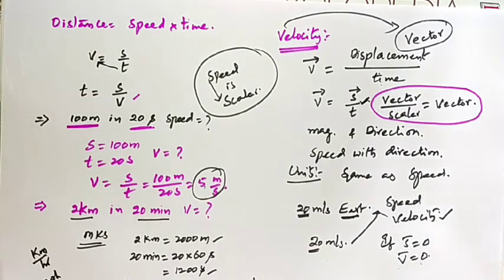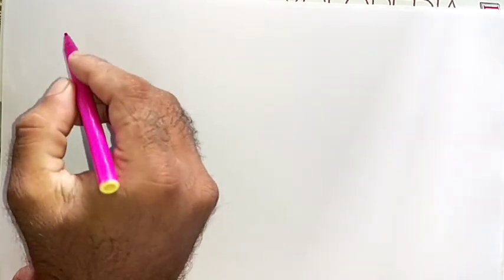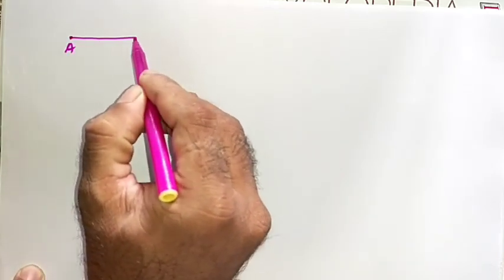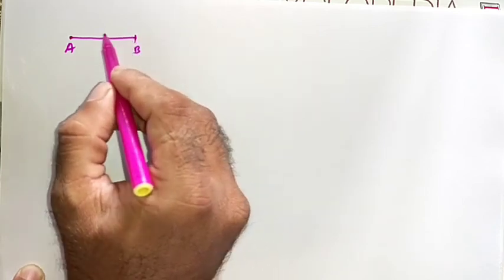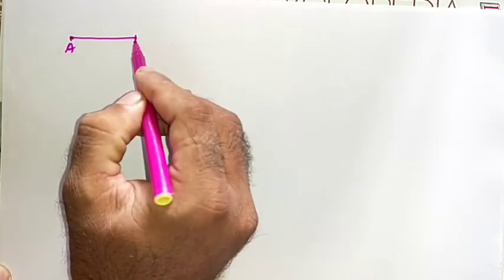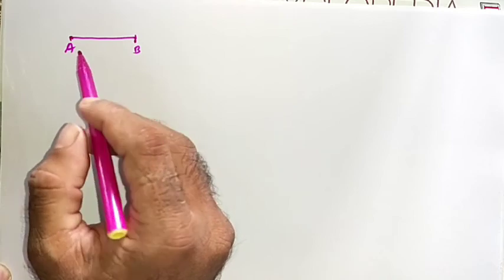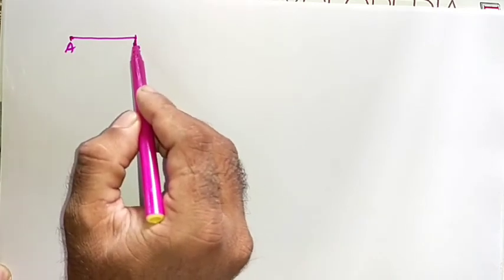Understood? So let us see some numericals based on this. Listen carefully. For example, a body is moving from point A to B, and again it moves from B to A, in the same path. It is like you moving from your house to school, and after school you come back to your house.